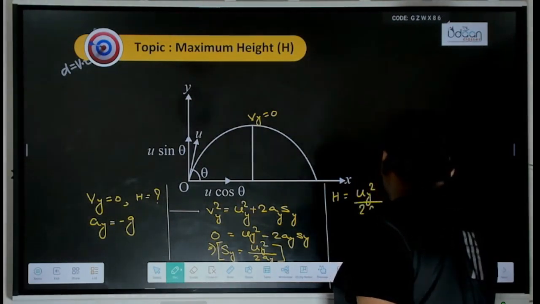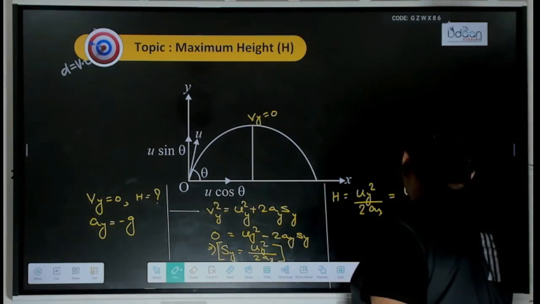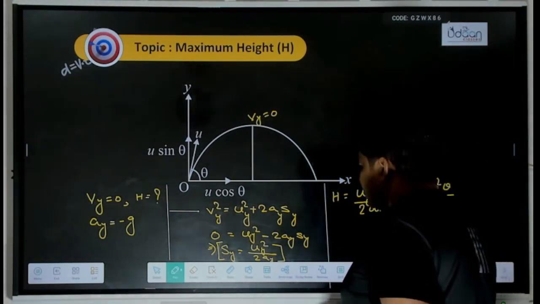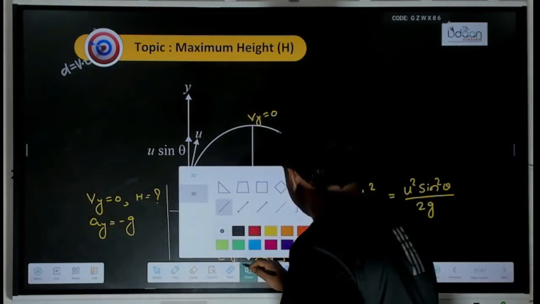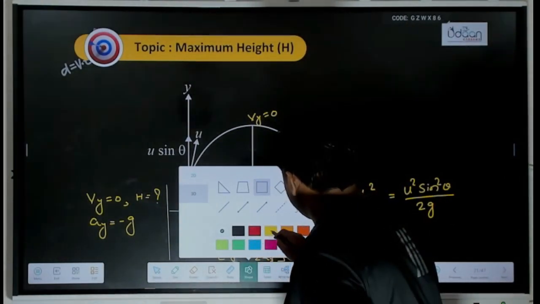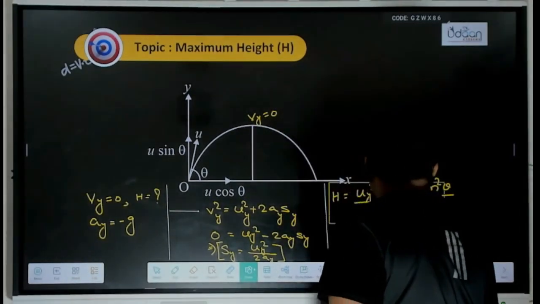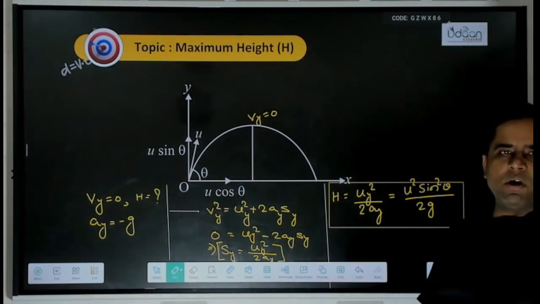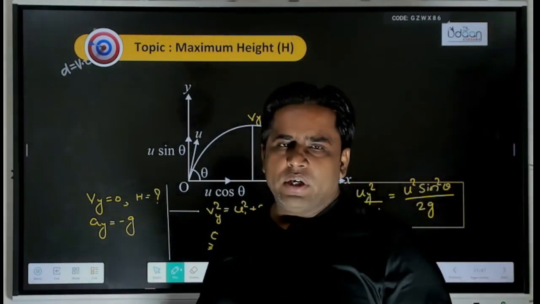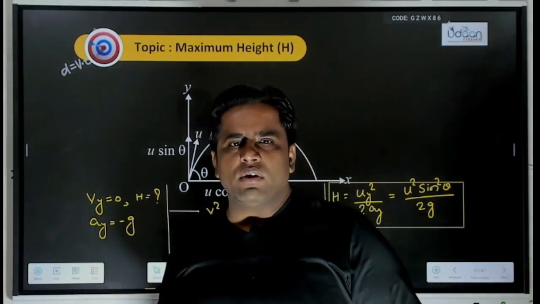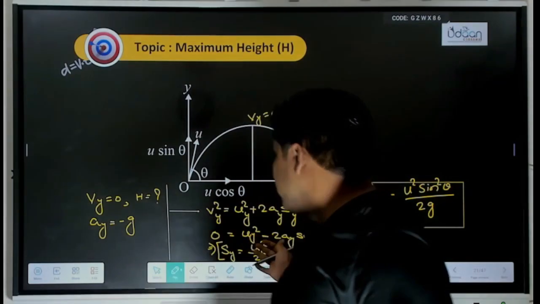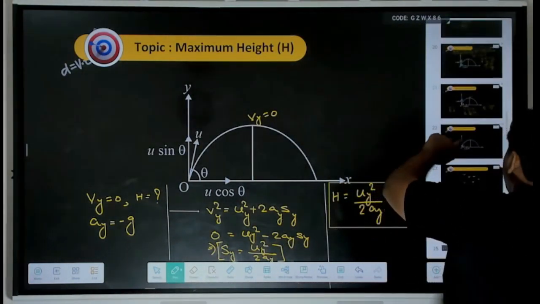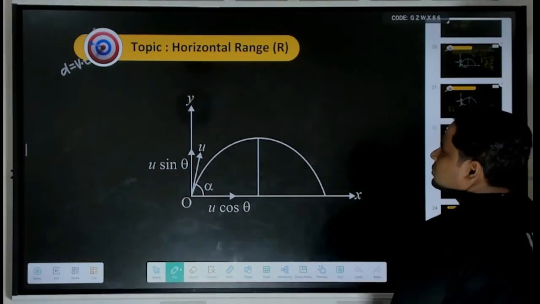If I put in the value, it becomes u square sin square theta upon 2g, with small g. Write down all this. This is the key point now. This is about the maximum height. If you are in the mood to find the maximum height, you can go with all these concepts to find the value of maximum height in ground to ground projectile motion.